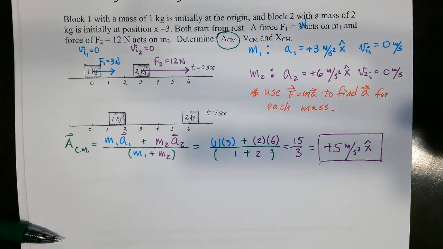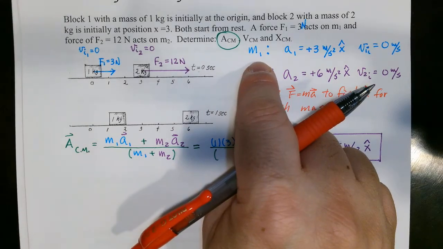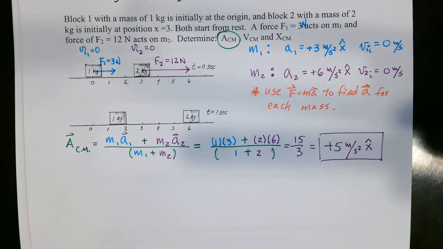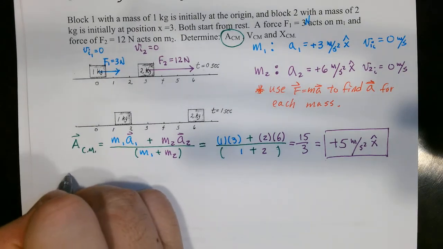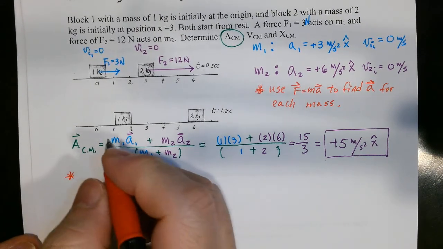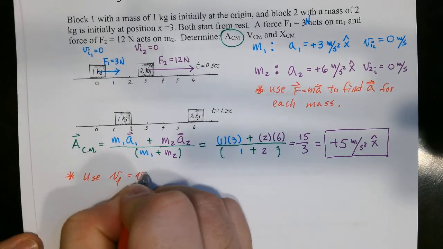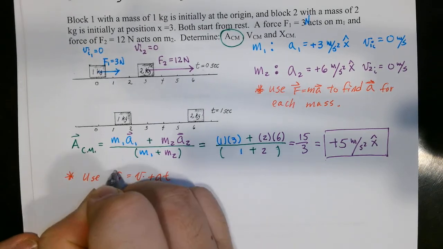Then V sub Cm. We should find V sub Cm, what's going on with V, right? So use Vf is equal to Vi plus At, right?